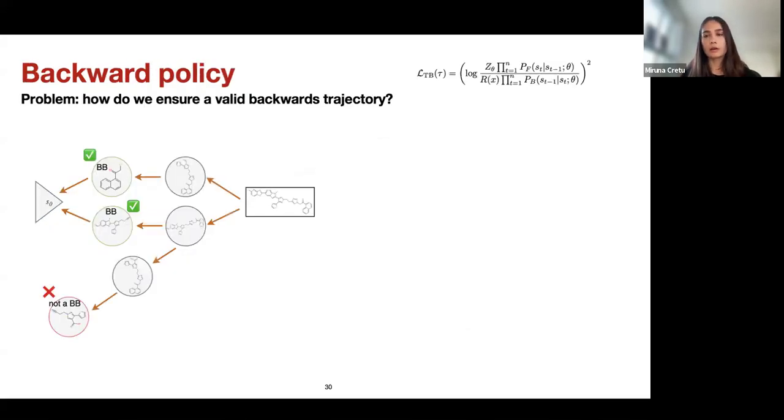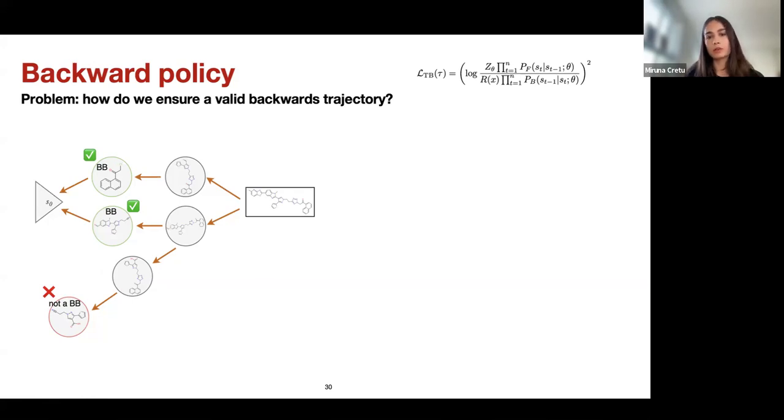Now, I was talking about the backward policy in the beginning, and I want to draw attention that this sort of reaction-based MDP comes with a lot of caveats. So when we define the backward policy, we want to ensure that the parents of a state are actually valid parents.